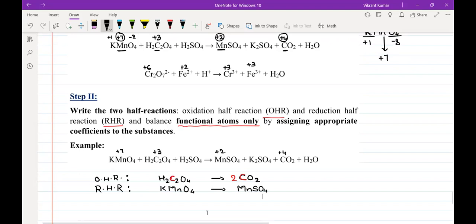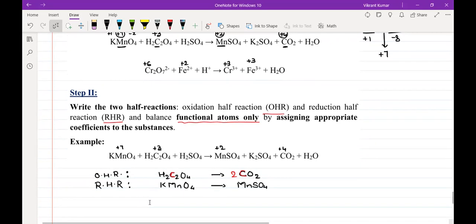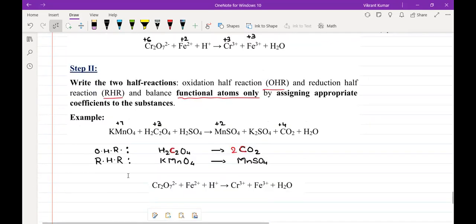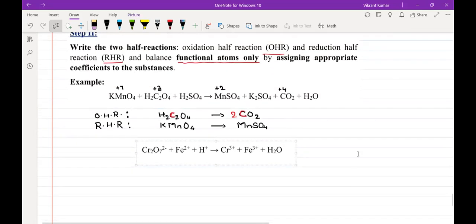We will talk about the second example; we will carry both along. So if I talk about the second example, if you see this one, in this case the same step says write the half reactions, so I'll write OHR. Tell me, what do I write in OHR? First I'll write the oxidation.